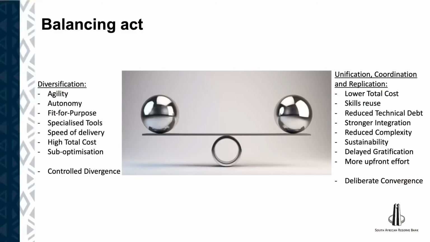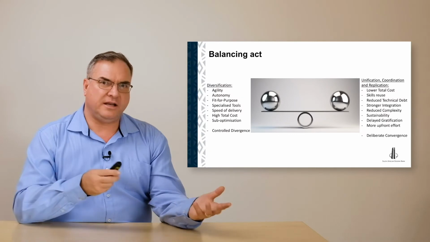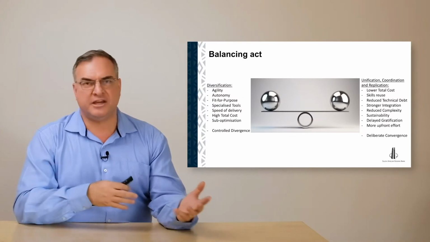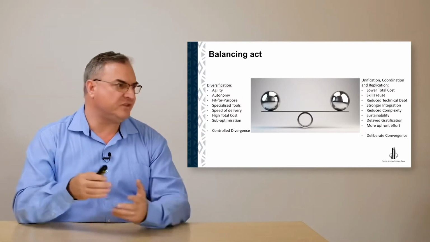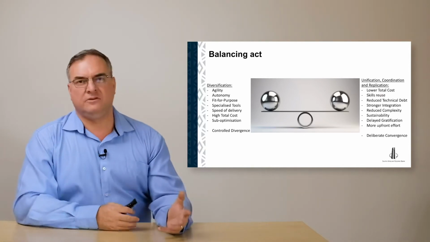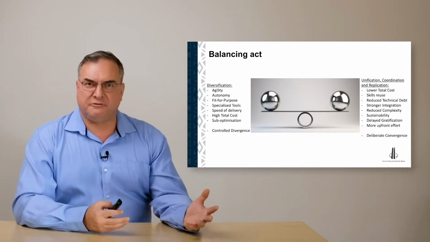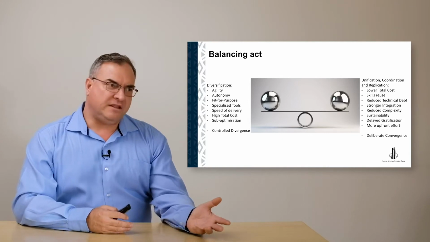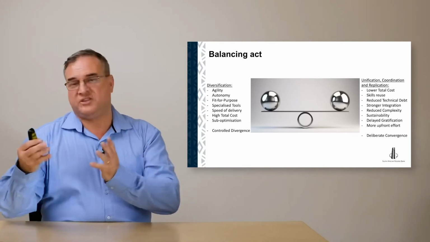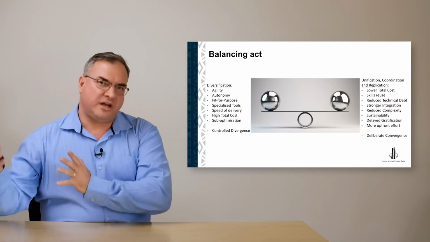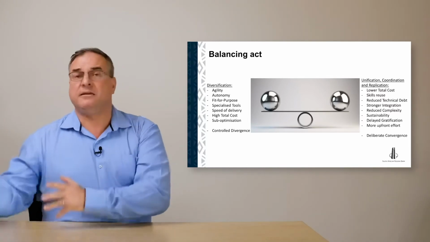And these need to fit together, and the level of application would be determined by the principles that we define across this model. So you'll notice that it's an ongoing balancing act, handling how much diversification, agility, self-service, autonomy we need to provide for, which is often the need from a business perspective, but then goes against potentially some of the unification, coordination or replication objectives that the enterprise may have.